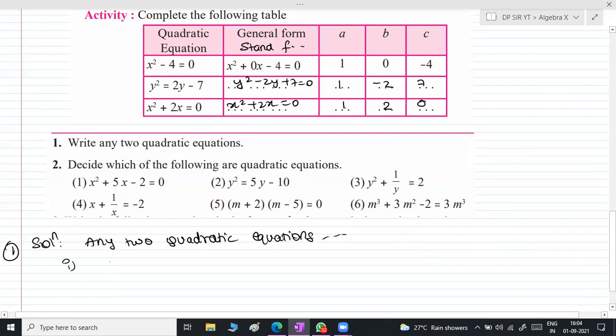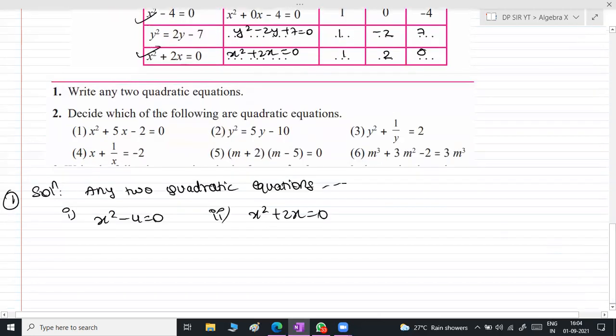First one you can write here, look here, x square minus 4 is equal to 0. Second one, x square plus 2x is equal to 0. So these are the quadratic equations. So play with your mind, no risk at all. Next, let's go for this question. That is done. Let's go for question 2, the first one.